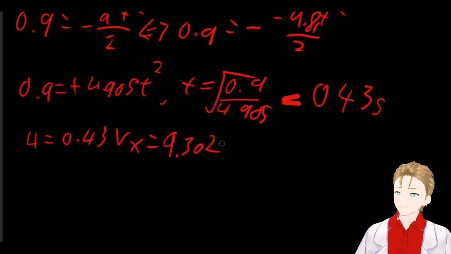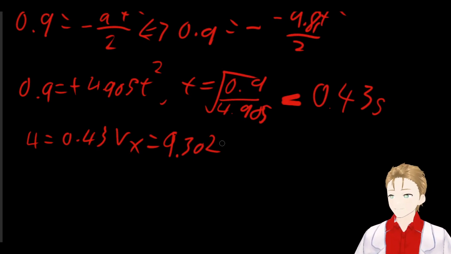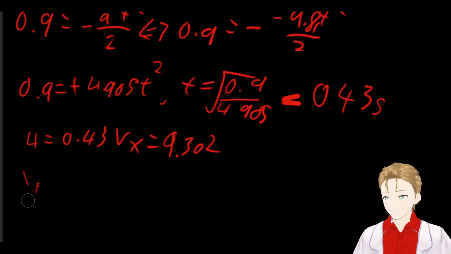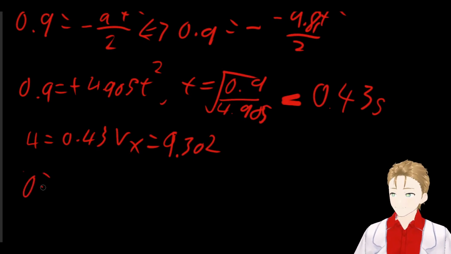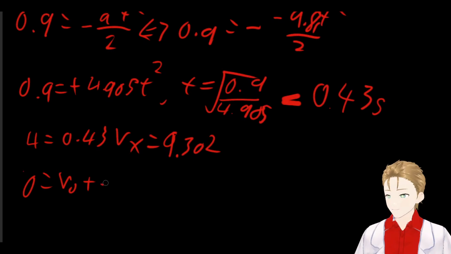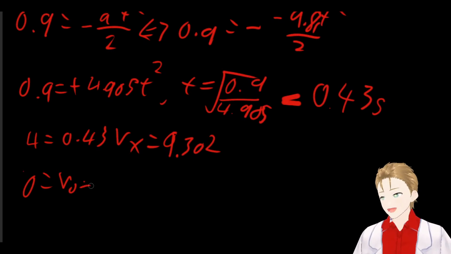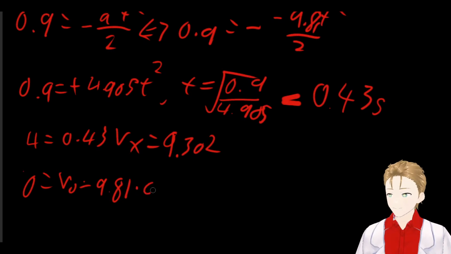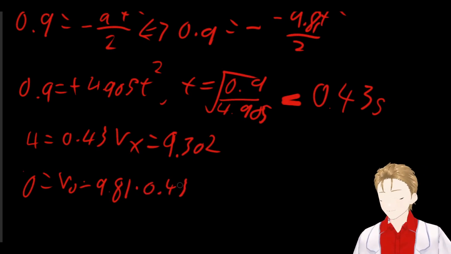For right now, I think there's something off about that. So 0 equals minus 9.81 times 0.43.